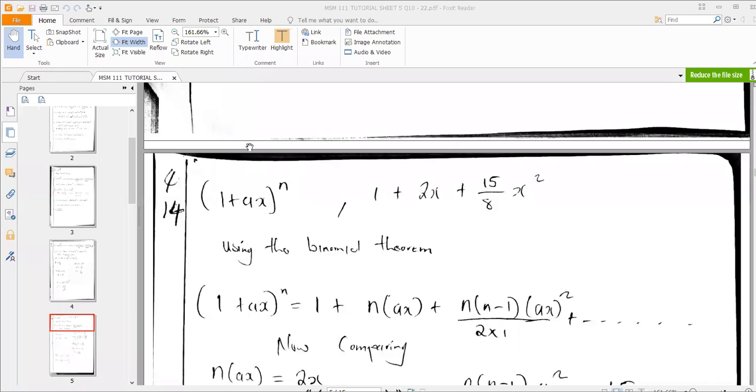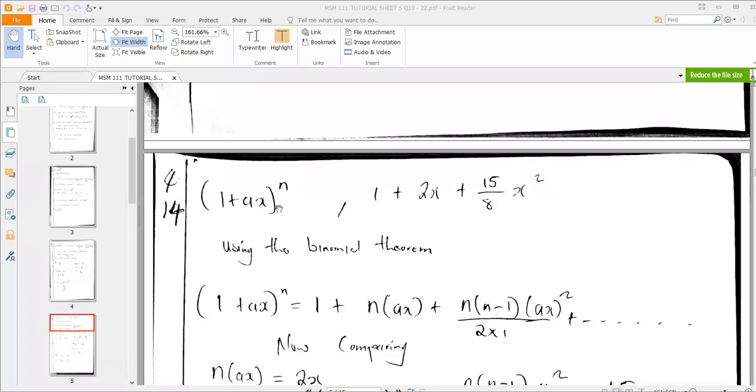So when you notice here, we have a and then here we have n, isn't it? So when we expand this guy, we've been told to find the values of a and n. So here we've been given this second quadratic. This is a quadratic equation in short, the way it looks like.